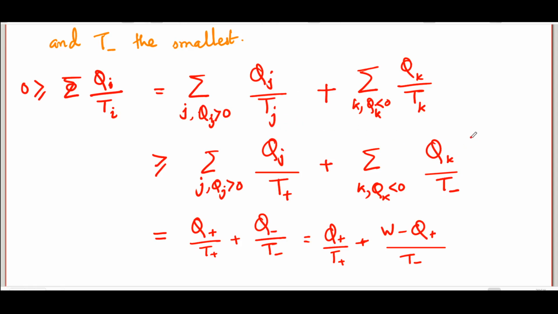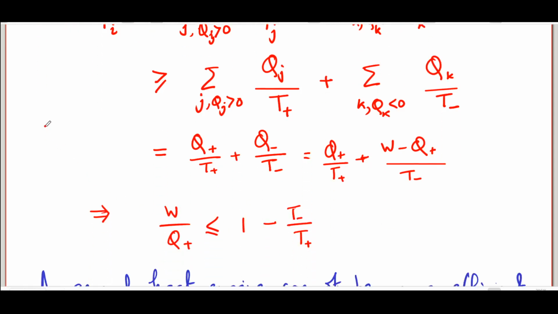And by the same token, this will also become a reduction, replacing the denominator by a smaller number but with a negative ratio overall. This will always be a reduction unless all the Qk's are 0 except for the one at temperature T minus. In other words, in order to actually exactly attain W by Q plus equal to 1 minus T minus by T plus, the maximum possible efficiency, our cycle must be a reversible one, which takes heat only at temperature T plus and rejects heat only at temperature T minus.